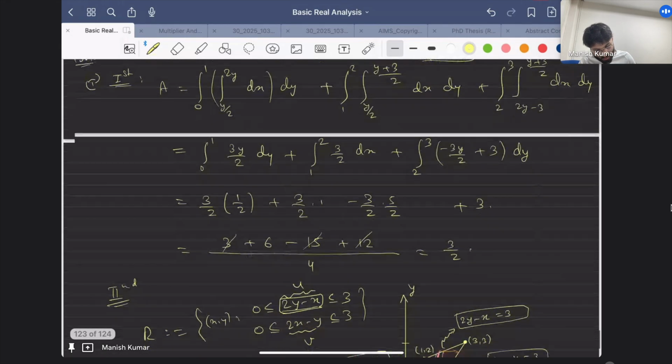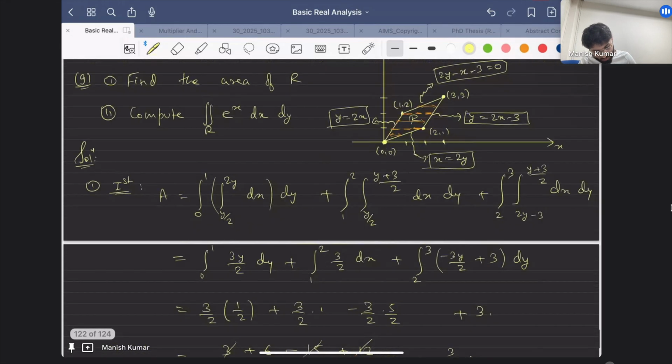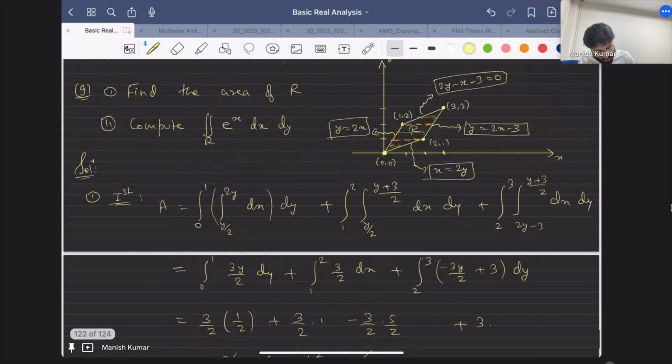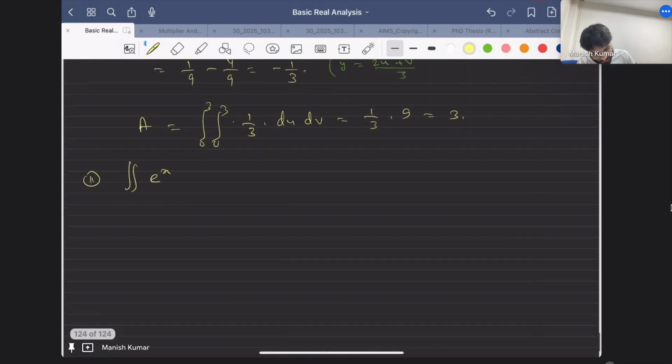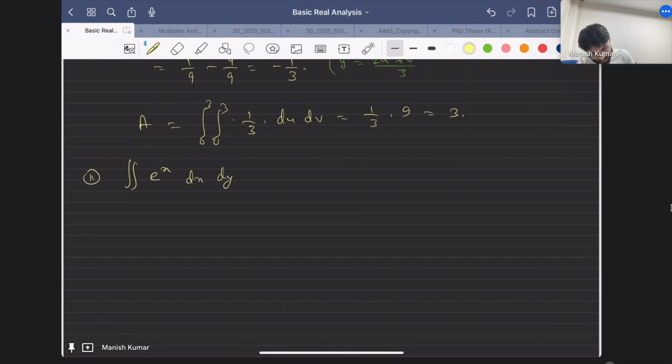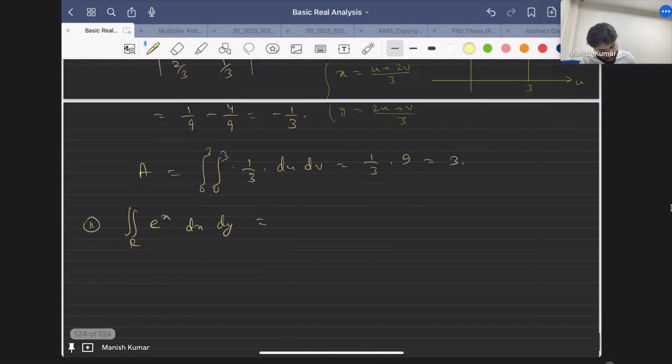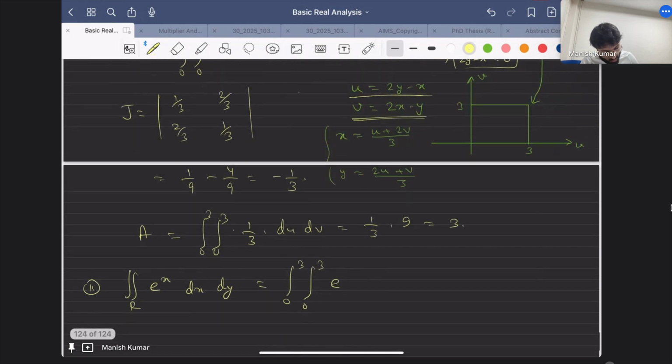The second part we'll do the same thing: the integral of e to the x dx dy over R. I'll just use the transformation we did here. So it's 0 to 3, 0 to 3. Instead of x, I'll write u plus 2v by 3, and then I have 1 by 3 du dv.